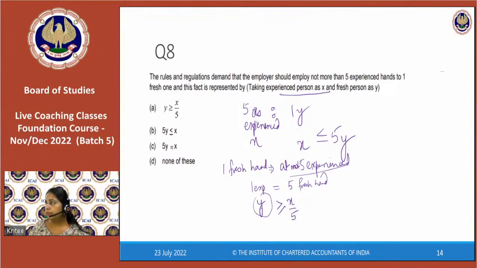Vinita, example number 3, page number 1.31. As far as I remember, we have discussed it in the class also, and we have also discussed it multiple times in the revision classes.